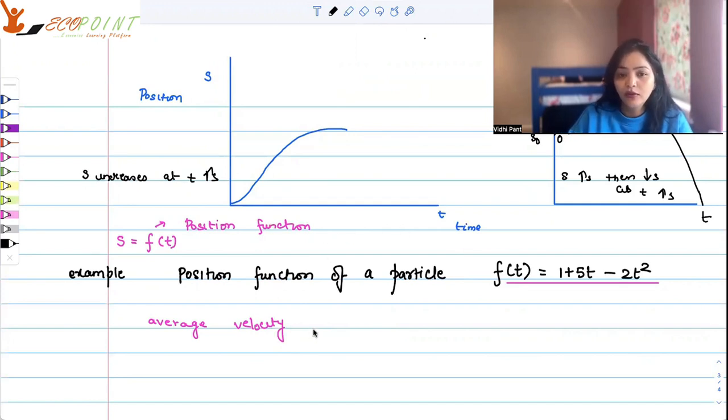So what is average velocity? I'm sure you're thinking what I'm thinking. Average velocity will be the change that occurs in position upon the change in time, that is the time used for that change.